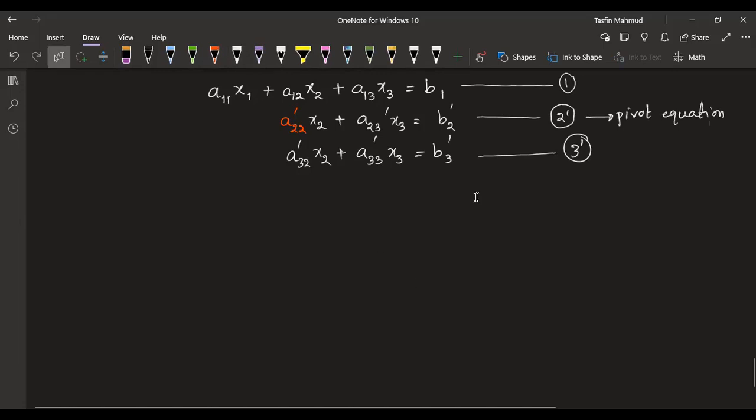And this element would now be considered our pivot element. So we will follow the same step, and we want to eliminate this term now, A32'. We will follow exactly the same steps.